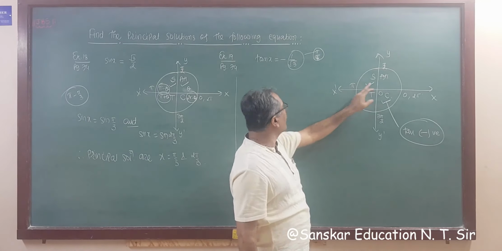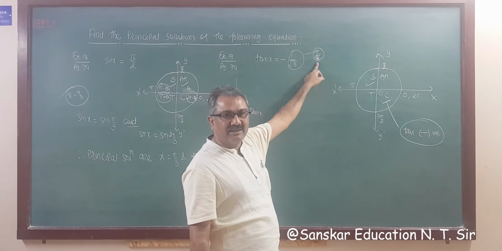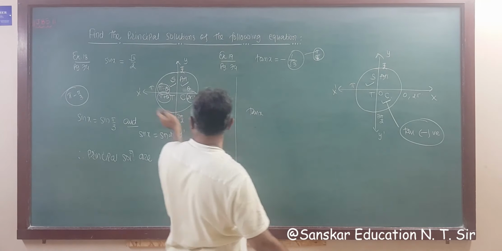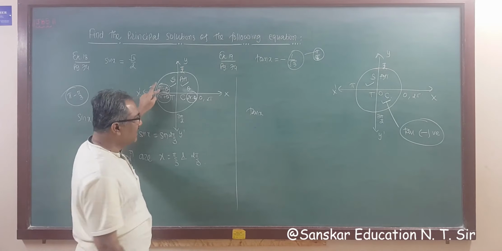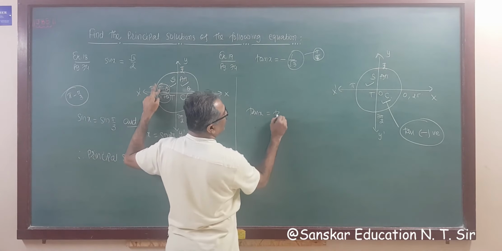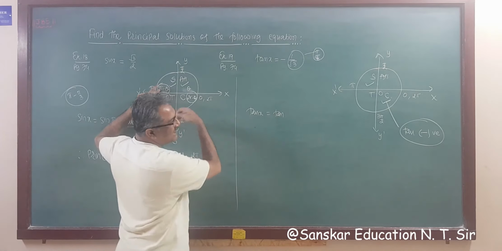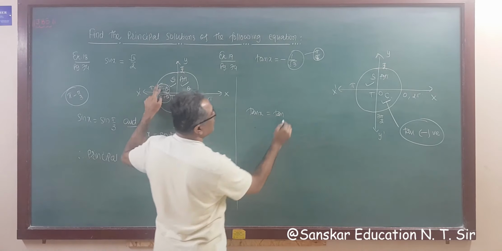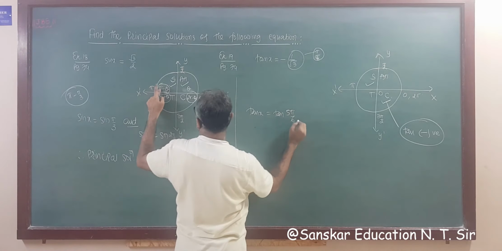So in the second quadrant, pi by 6, that is pi minus pi by 6, right? So x is equal to pi minus pi by 6, 1 less than the denominator, that is 5 pi by 6, right?